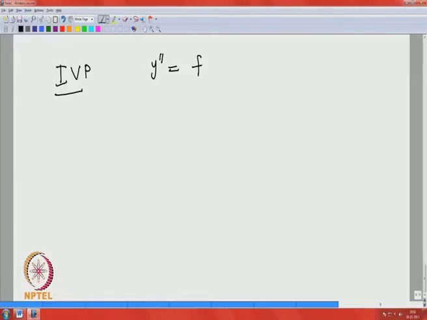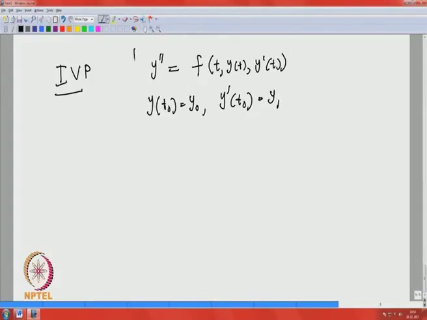There may be other possibilities which you may see as the course proceeds. You will have y of t, y prime of t, together with one condition for y at t naught, y naught, which is for y1. And you need a condition for y2, that is nothing but y prime of t naught.